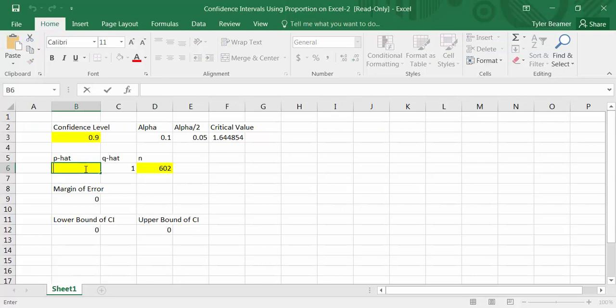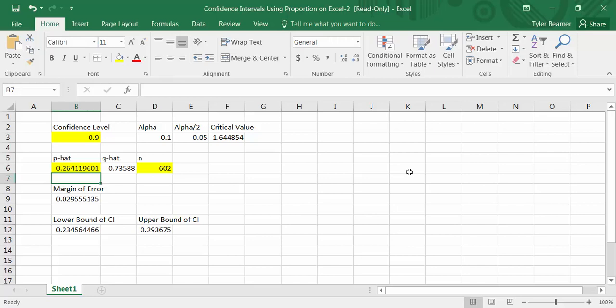And you could type that in as the decimal. I would probably recommend just doing equals and just typing in the actual ratio. So 159 over 602. And then that way you don't have any rounding error involved. And notice that this is put in as a decimal as well. So this represents basically 26% of the sample was yellow peas, and so we put that in as 0.26.